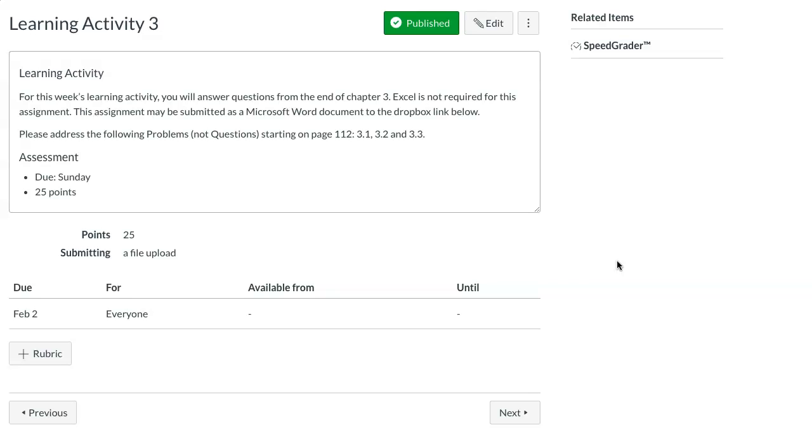I'll tell you what to do in the learning activity, but what I find is that, like in this particular instance, it says please address the following problems, not questions, starting on page 112. What I've seen students do is they've done the questions. Okay? I say do the problems.